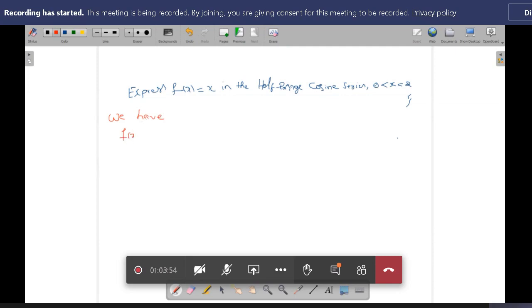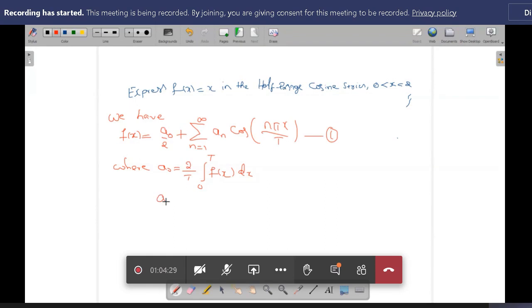f of x equals a naught by 2 plus summation n running from 1 to infinity an cos n pi x by t, called equation 1, where a naught is 2 by t integration from 0 to t f of x dx, and an is 2 by t integration from 0 to t f of x cos n pi x by t dx.